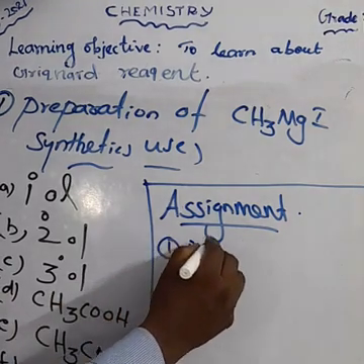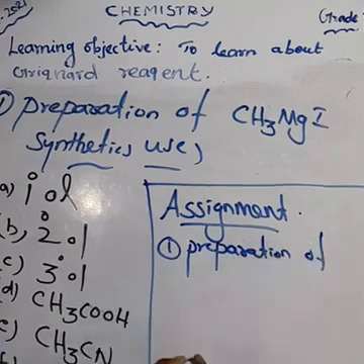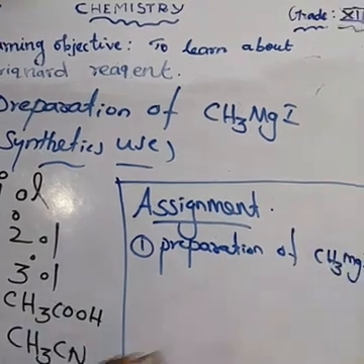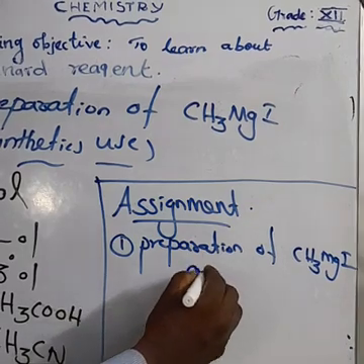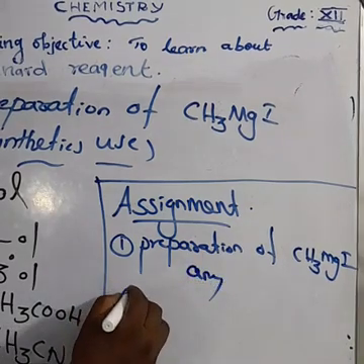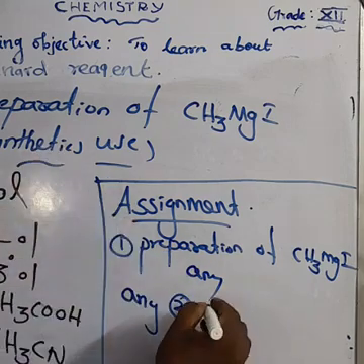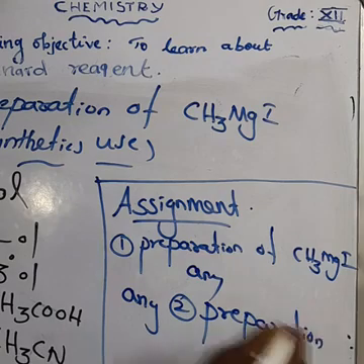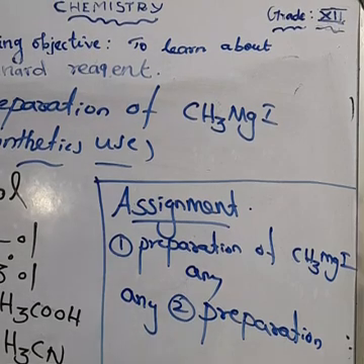Preparation of CH3MgI, methyl magnesium iodide, and any two uses, meaning any two preparations. Please write the assignment. So don't forget to learn this question.